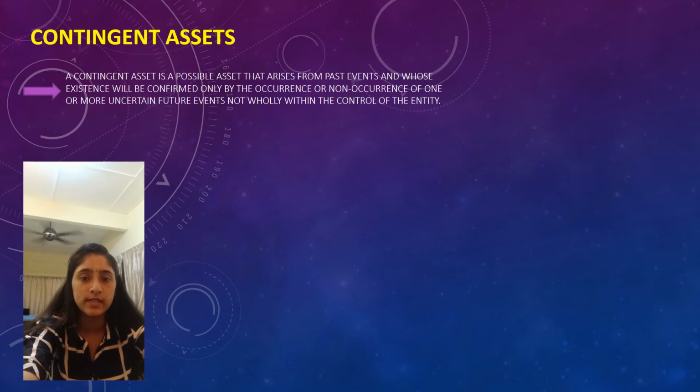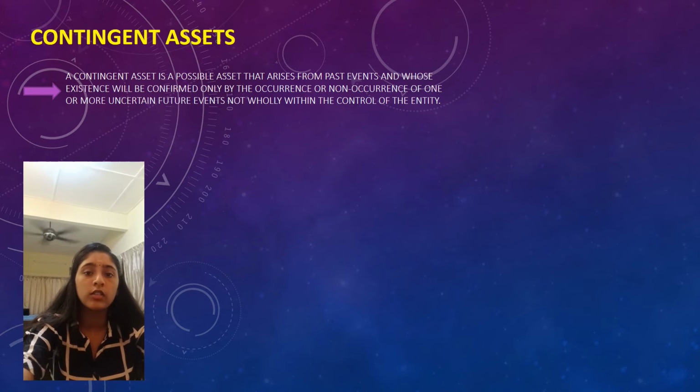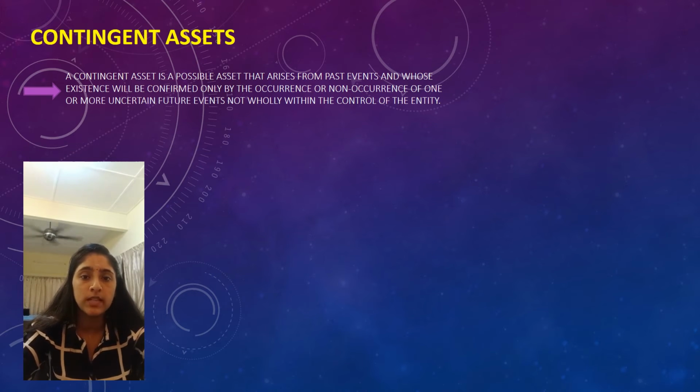Now I want to present about contingent assets. The definition of a contingent asset is a possible asset that arises from past events and whose existence will be confirmed only by the occurrence or non-occurrence of one or more uncertain future events not wholly within the control of the entity.